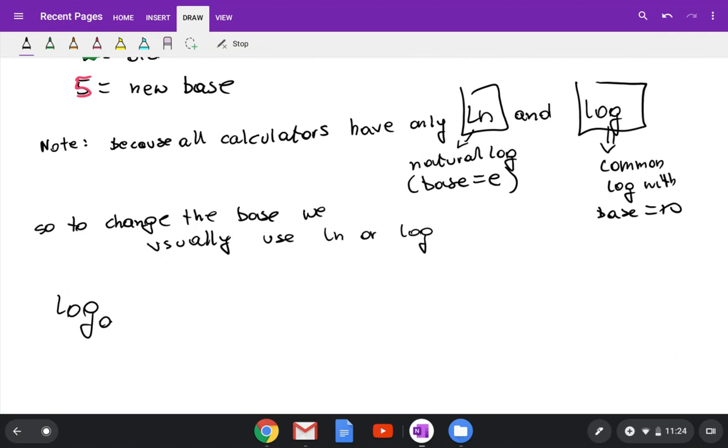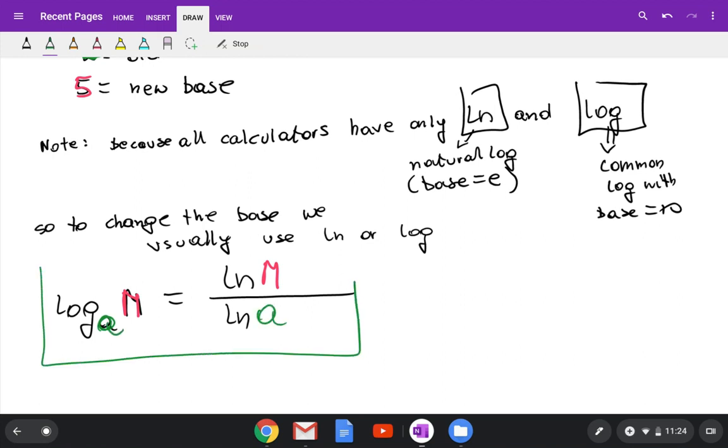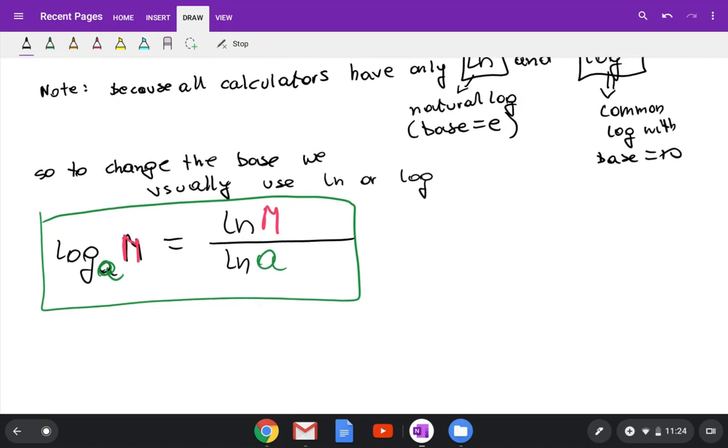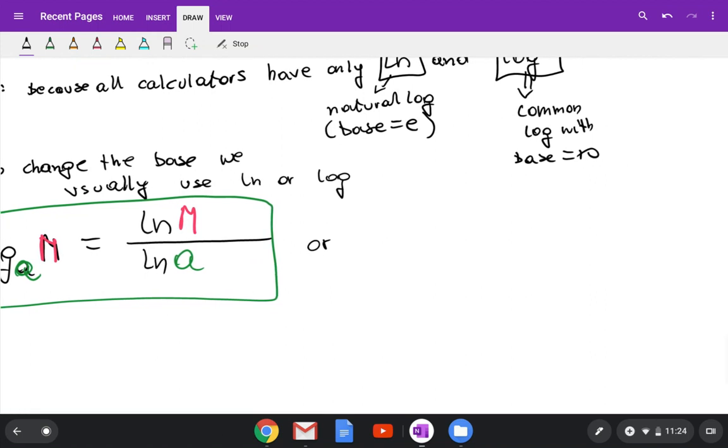Log base a of m is the same, let me use the ln, as ln of m over ln of the old base. Okay, so this is what we're using a lot, changing to natural log, or you can use common log.